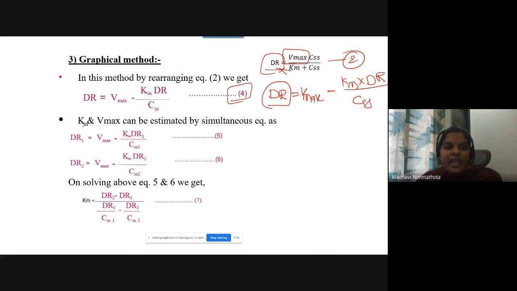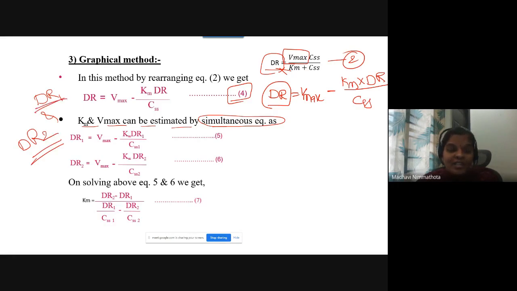And then this Km and Vmax can be estimated by simultaneous equations. Why are we saying simultaneous equations? In this second method and third method, we are going to calculate different dosing rates, that is DR1 and DR2.